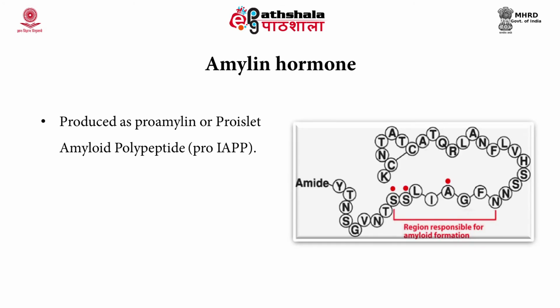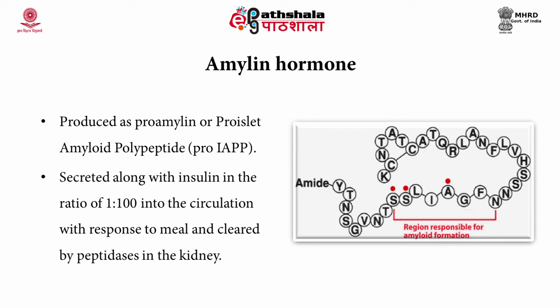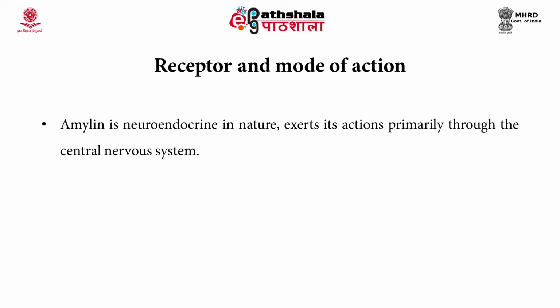Now, the second pancreatic hormone is amylin, which is produced as proamylin, or pro-islet amyloid polypeptide, from the beta cell. It is secreted along with insulin in the ratio of 1:100 into the circulation in response to a meal. Amylin is neuroendocrine in nature and exerts its action primarily through the central nervous system.